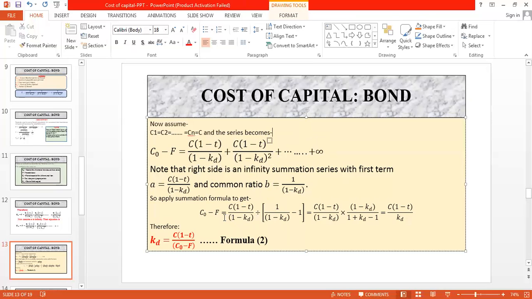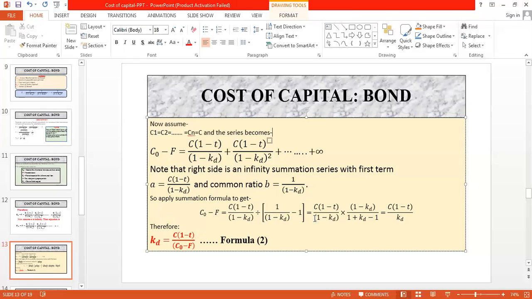And so automatically, see what the formula is now. The first term is C into 1 minus T by 1 plus Kg, and the common ratio is 1 by 1 plus Kg. Applying the formula of the infinite series sum, A by B minus 1, it becomes C into 1 minus T by 1 plus Kg divided by, this is B, 1 by 1 plus Kg minus 1.